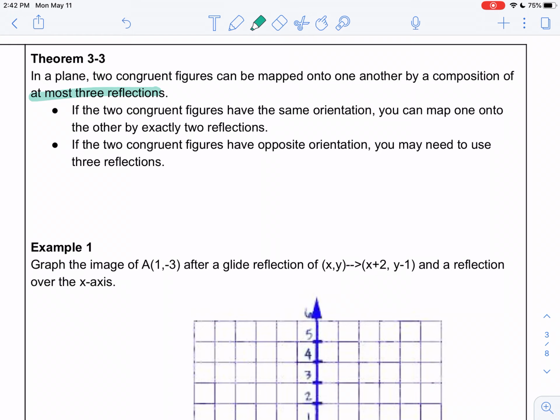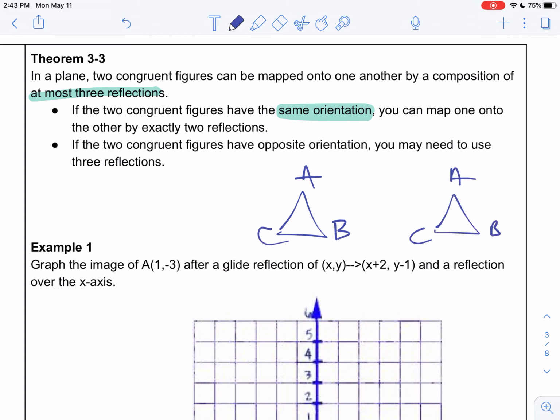If they have the same orientation, so if we name our two figures ABC, ABC, and we're going clockwise for both, that would be the same orientation, you can map it with exactly two reflections.